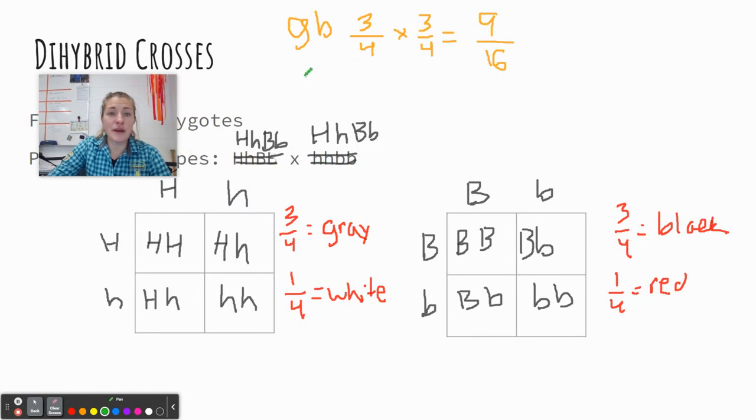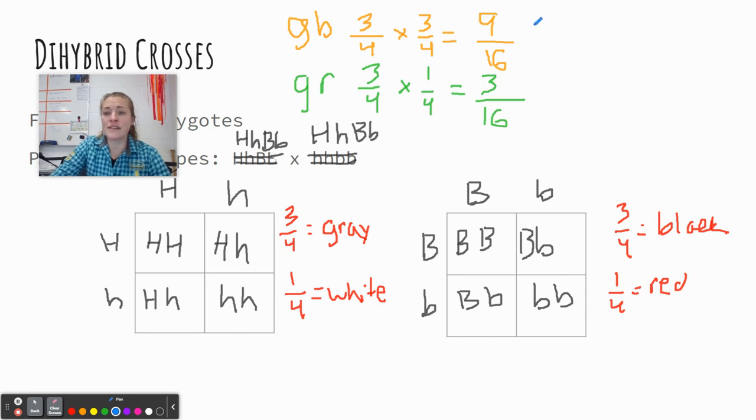Now if I do my next one, if I have a gray rabbit with red eyes, gray, I have a 3/4 chance. Red eyes, I have a 1/4 chance. 1 times 3 is 3. 4 times 4 is 16. So I have a 3 out of 16 chance of getting gray with red eyes.